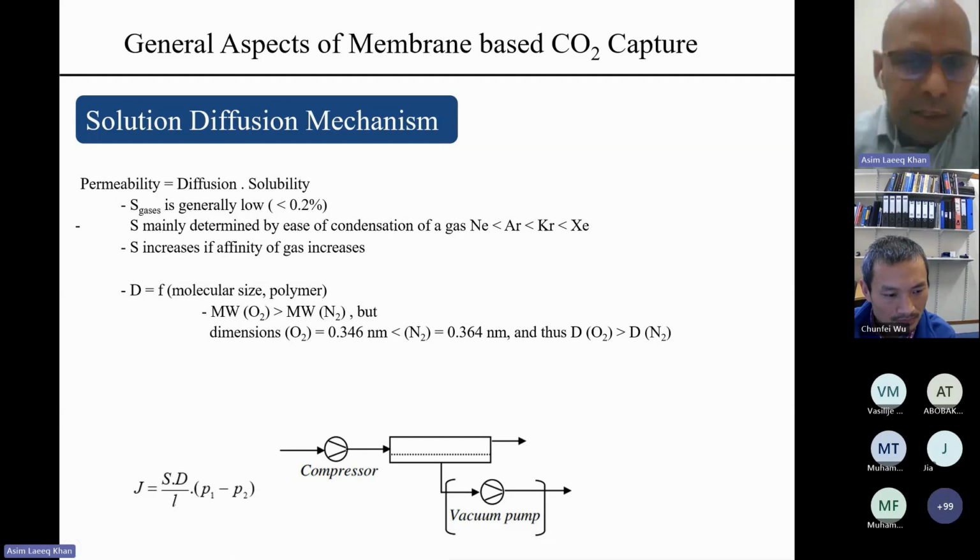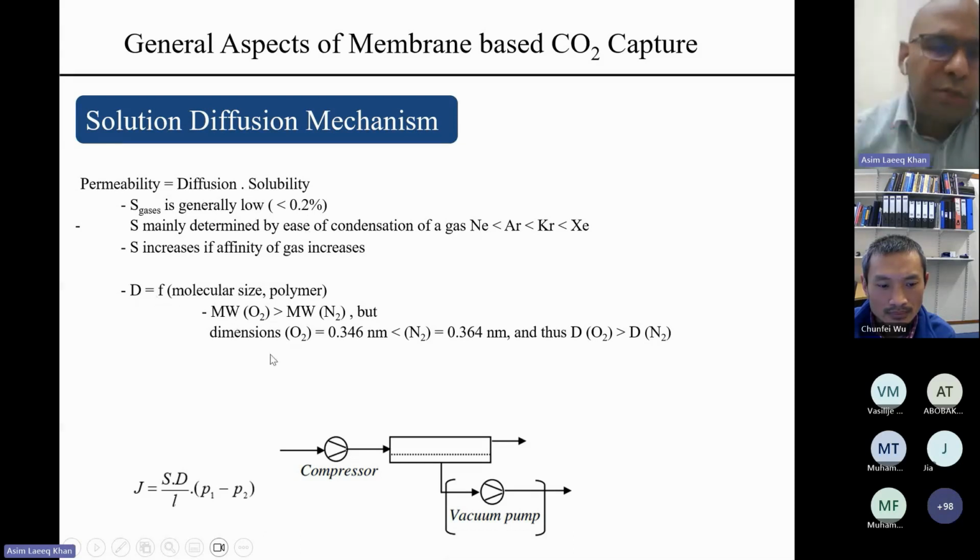So when we select the material for permeation of CO2, we select the material that has high solubility for CO2. The diffusion, on the other hand, depends on the size of the permeating molecule. And that's why the flux that we finally get from the membrane is driven by both solubility and diffusion, and it is also inversely proportional to the thickness of the membrane.